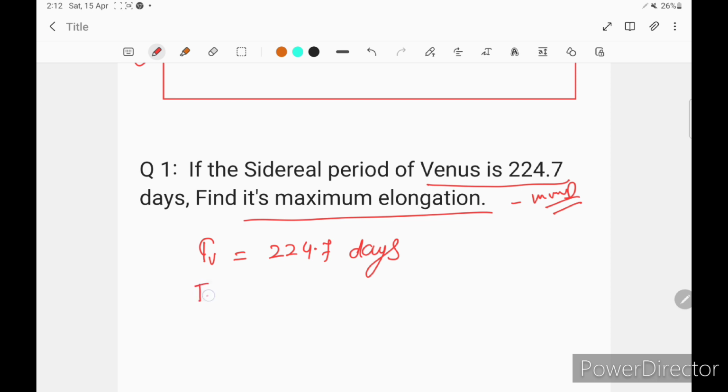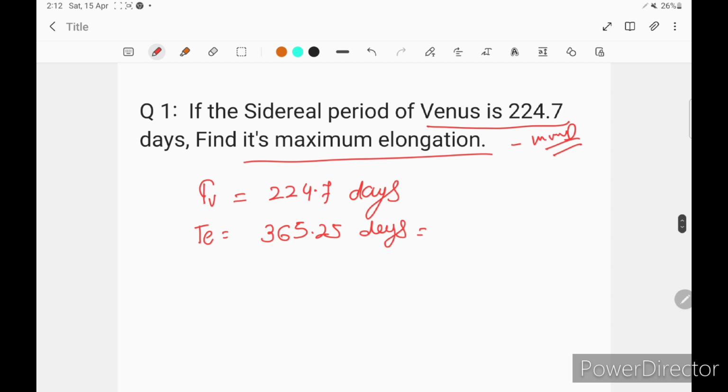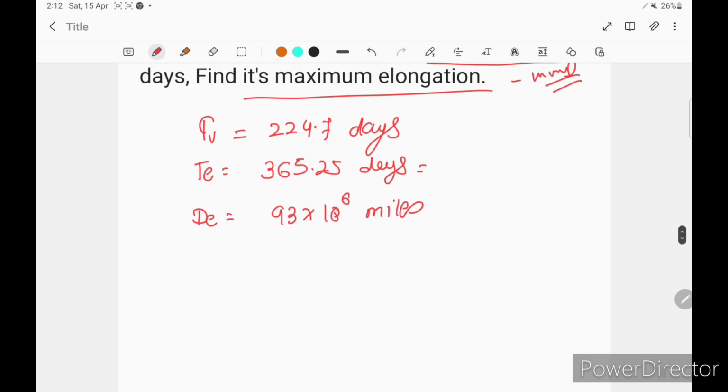And we know the Earth completes one revolution around the sun in 365.25 days. Since it is days, we will calculate in days, otherwise we can also take 1 year. Now we know that the distance of the Earth is 93 into 10 raised to 6 miles, which we already discussed with the formulas.